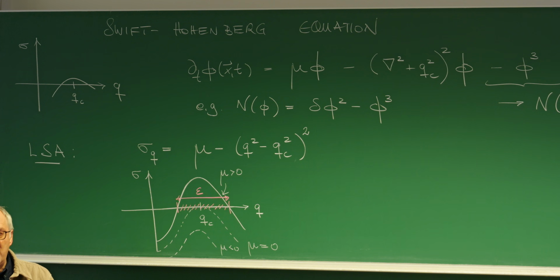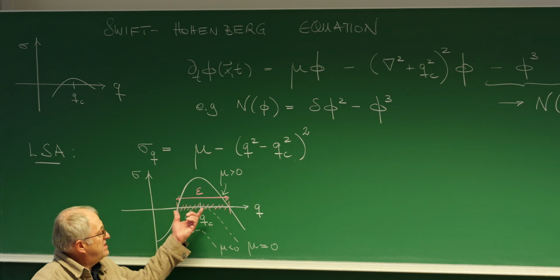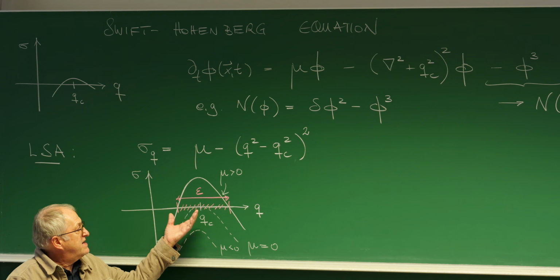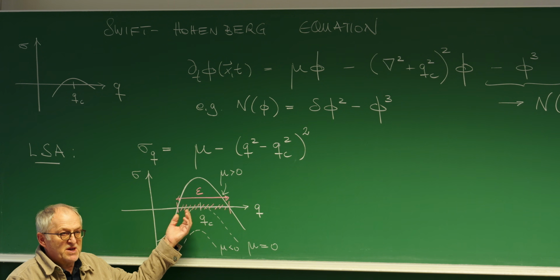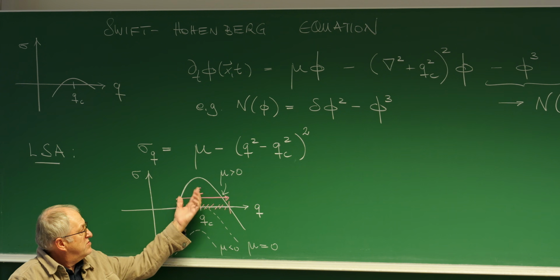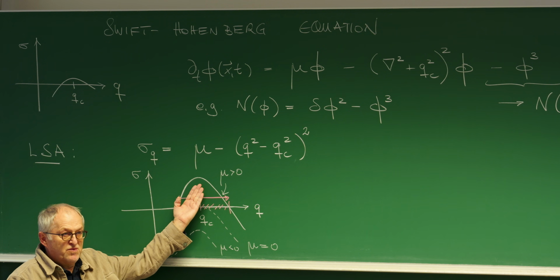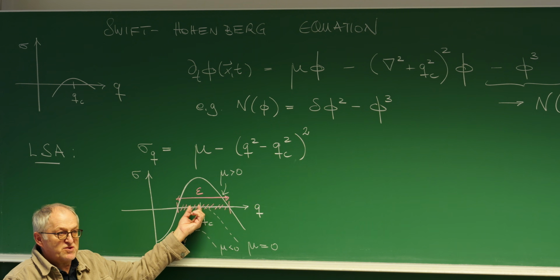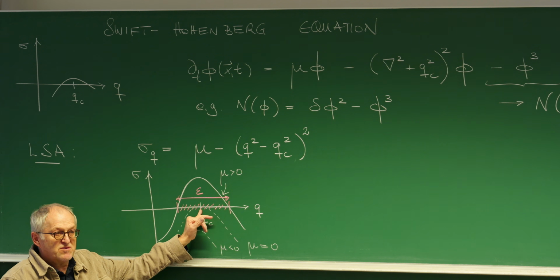So for us, it's a bookkeeping parameter. And we want to analyze the system for different values of epsilon. It's a bookkeeping parameter that tells us how far we are from the critical point. So imagine changing mu from positive to 0. You see that this epsilon shrinks to 0, and here it is 0 right at mu equal to 0.